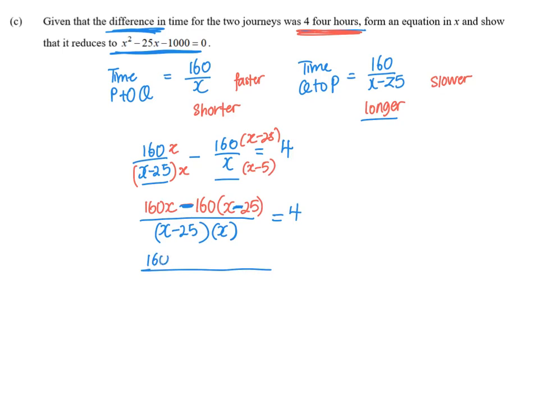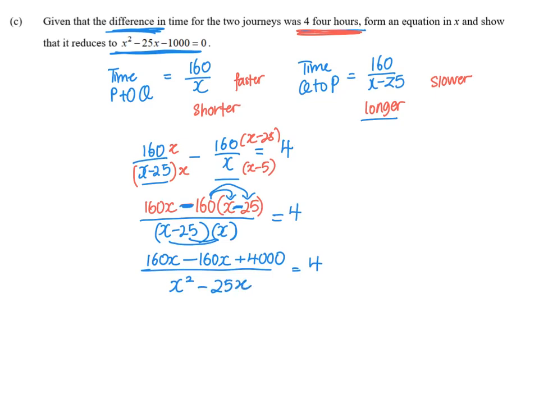I will get 160x subtract 160x, and then negative 160 times negative 25. Negative 160 times negative 25 gives me positive 4,000. Okay, since we're going to solve the quadratic equation, we will need to expand the denominator as well. We'll get x squared minus 25x.